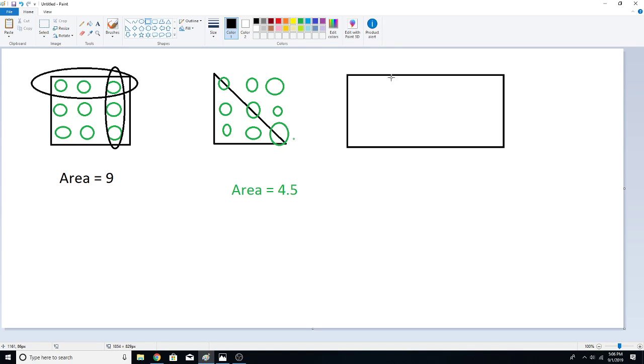The difference between this rectangle and this perfect square is that in the square the lengths on all the sides are the same, but here there are only two lengths which are the same. Basically, the rectangle has two different values attached to it. So this and this are the same, and this and this are the same, but this and this length will be different.